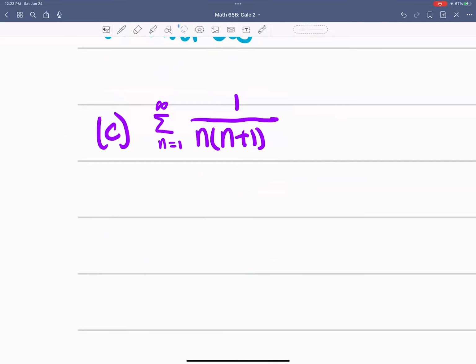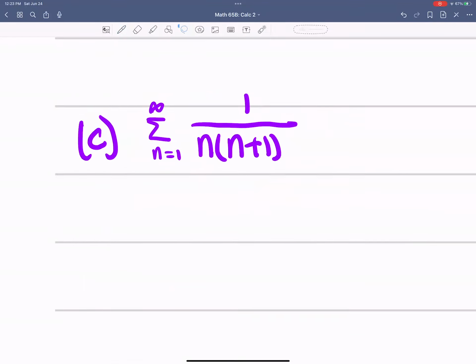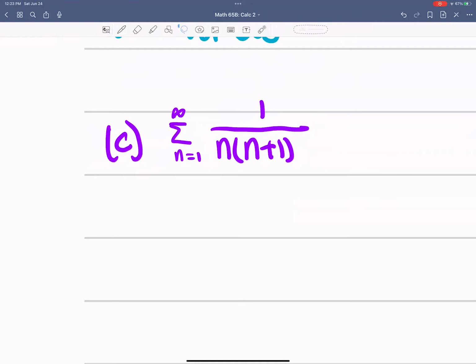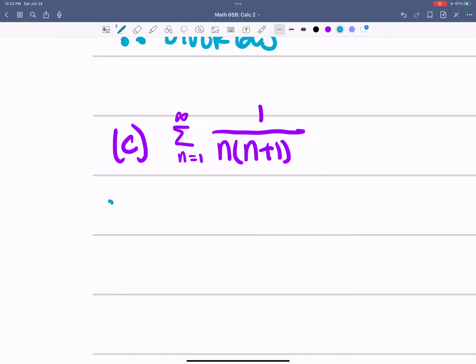And lastly, part C. Let's look at the first few partial sums. S1 is going to be 1 over 1 times 2, which is just 1/2. S2 is going to be equal to 1/2 plus, when n is equal to 2, 2 times 3, which is 6, so 1/6.